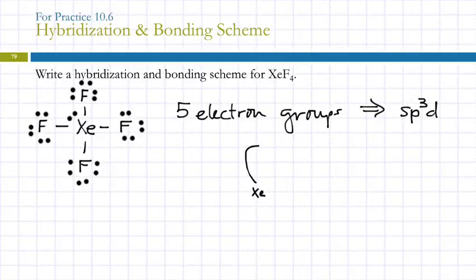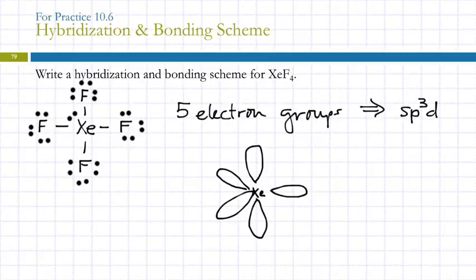And so we're going to have 1 going up, and 1 going down, and 1 going off to this side, and then this one's kind of going back, and this one's kind of coming forward. You kind of have to use your imagination here. And then over here I have fluorine, and fluorine's going to use its unhybridized p orbital and overlap. And that's going to happen with most of these.